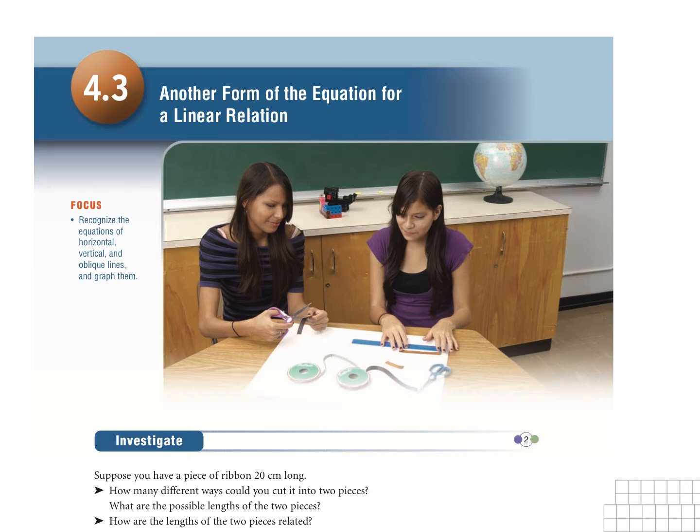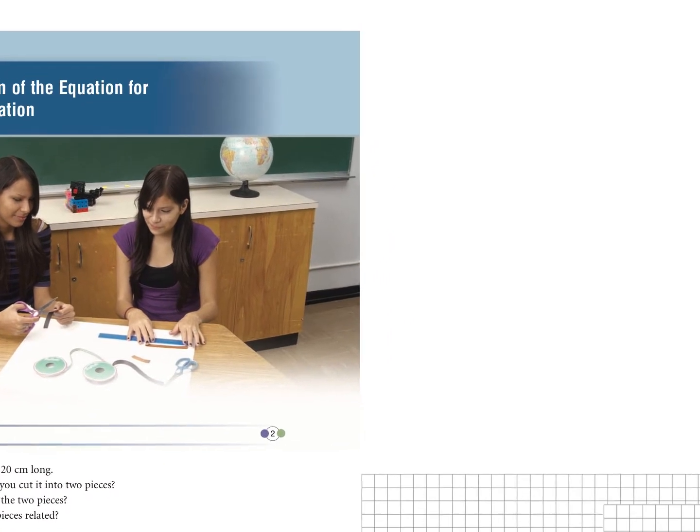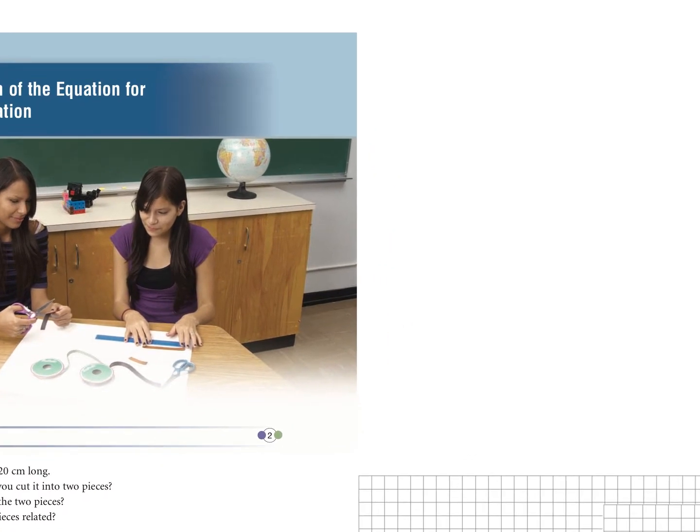for a linear relation. Before we get into that, I'm just going to talk about the equation that we've used so far. So far, we've had equations that go in the format of y equals mx plus b.